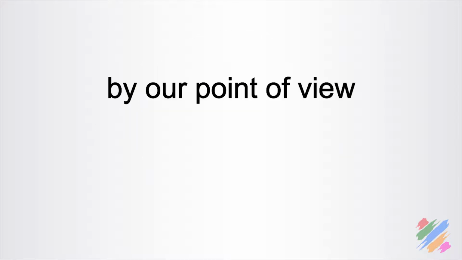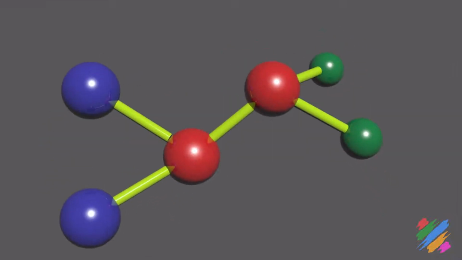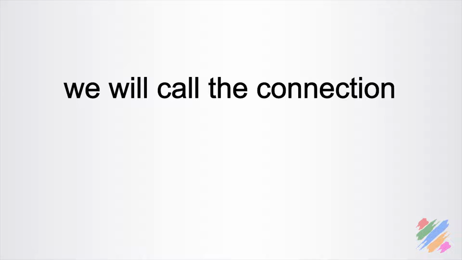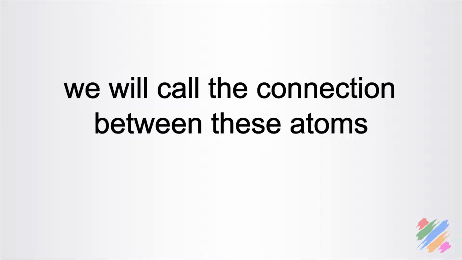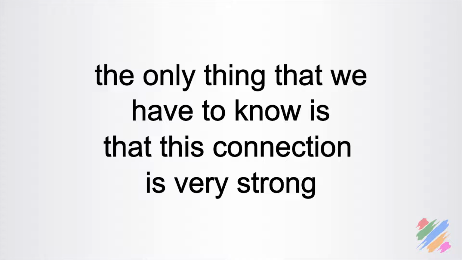Don't worry, we won't get too deep. From our point of view, it's enough to know that when two or more atoms join together, they give origin to a molecule. We will call the connection between these atoms atomic bond, and the only thing that we have to know is that this connection is very strong.